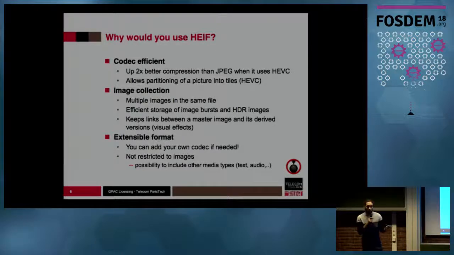It keeps links between a master image and its derived versions. And it's an extensible format. You can add your own codec if needed, and it's not restricted just to images. You have the possibility to include other media types like text and audio.